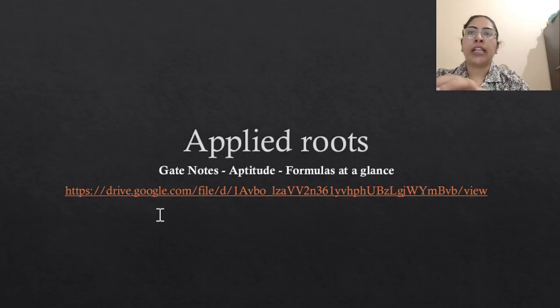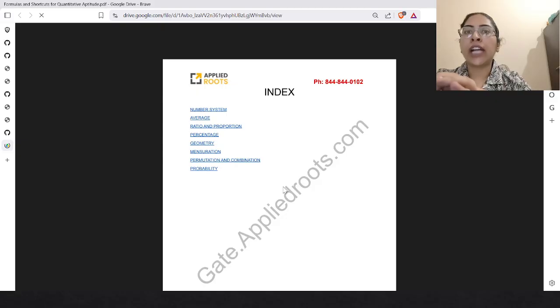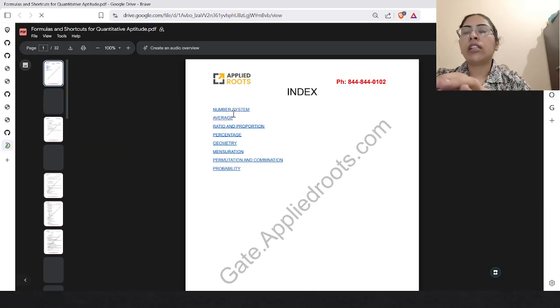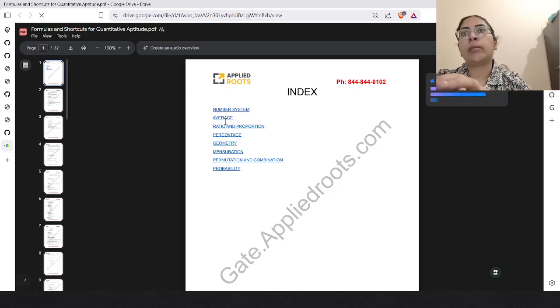Next is Applied Roots. I have gathered the Applied Roots notes. Simply click here on the Applied Roots notes. You will find a PDF like this. Here there is number system, averages, ratio, percentages.